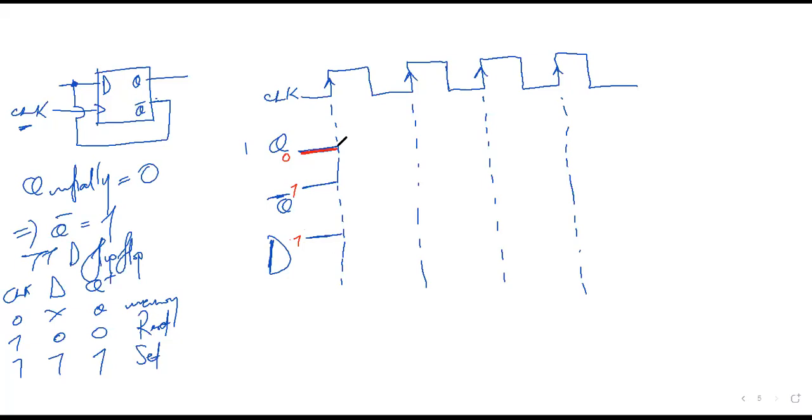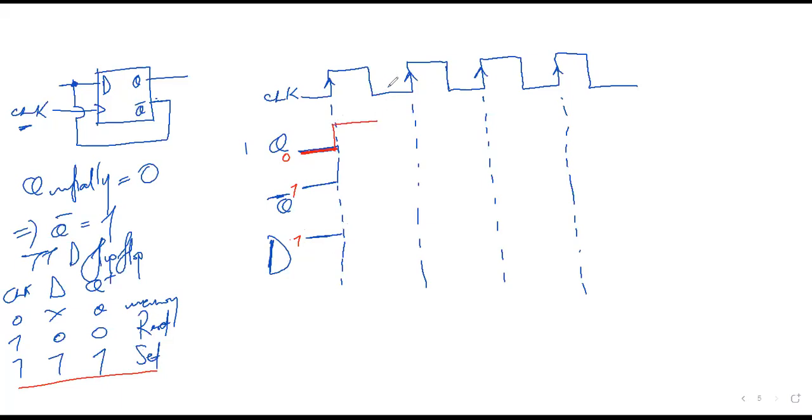My D initially is a 1. If my D is a 1 and my clock is a 1 as well, what do I have? I have the set state. So my Q changes from 0 to 1.